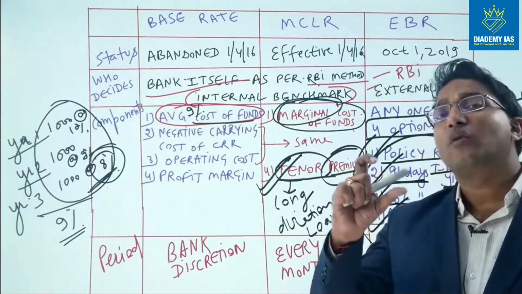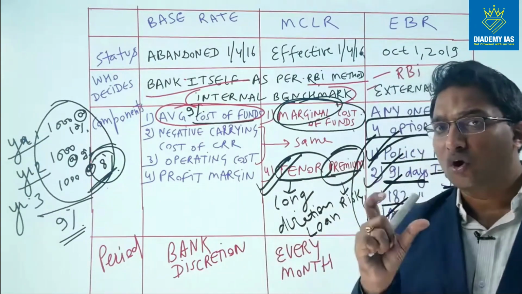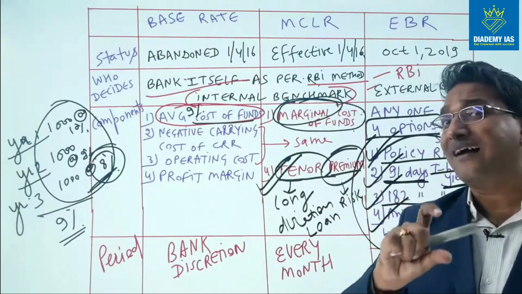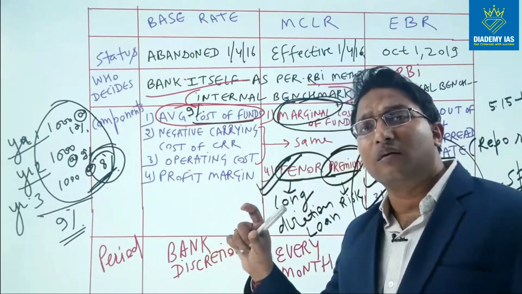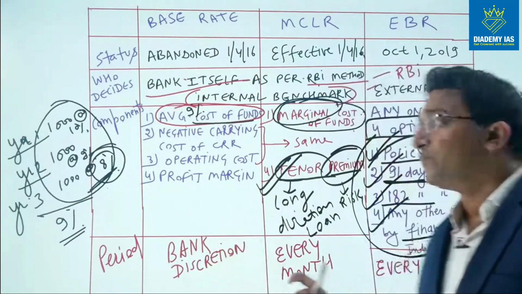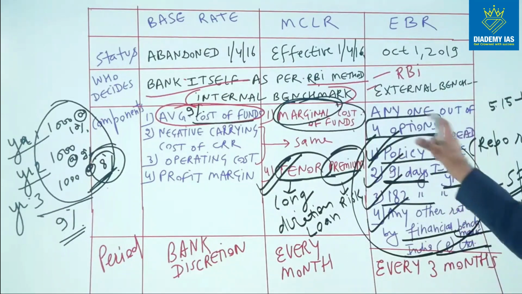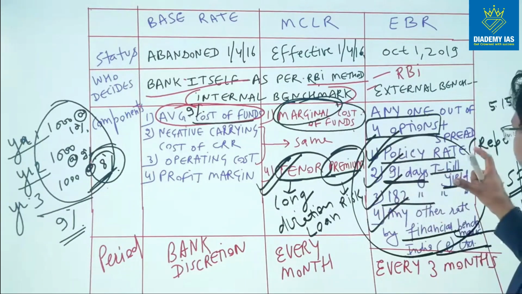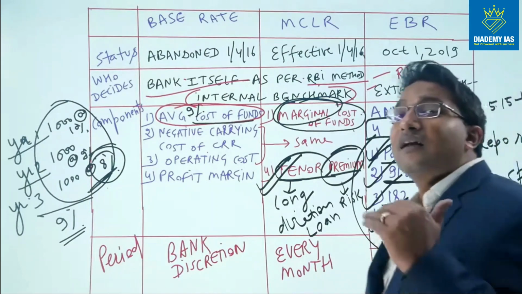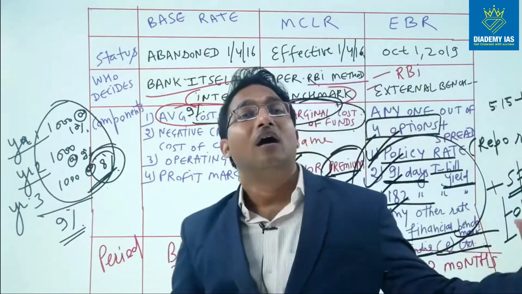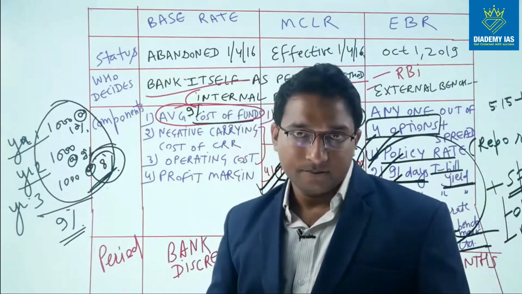So to make the monetary transmission 100%, to ensure that change in the repo rate is 100% transmitted to the customer, to the household, to the borrower, this external benchmark rate based lending rate offers these rates. So it will ensure that when there is a change in the repo rate, it automatically transmits to the household, borrower, customer and the people, right?